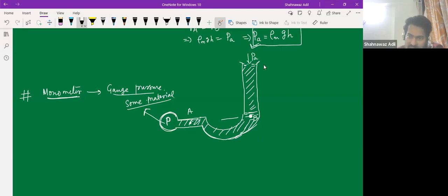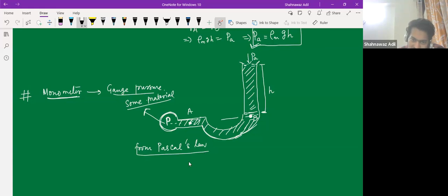So this has some height h, and from Pascal's law, what would be the pressures at these two points? From Pascal's law, what do we know?